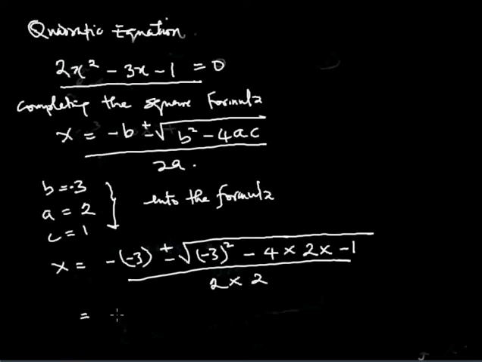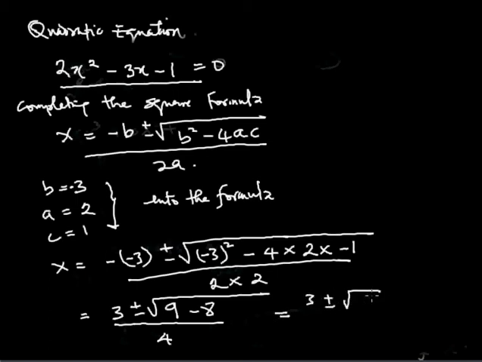We now have 3 plus or minus square root of, this is 9 plus 8, divided by 4. That means this is going to give us 3 plus or minus square root of 17 over 4.